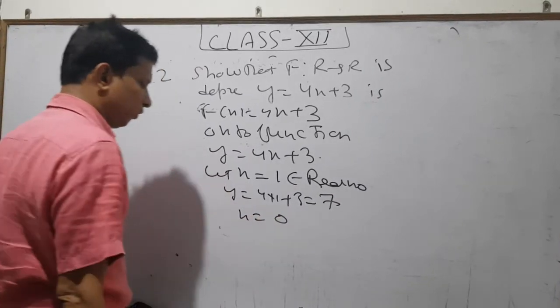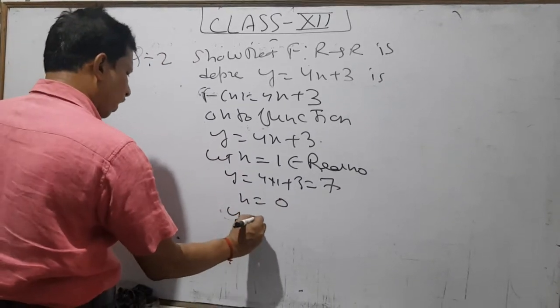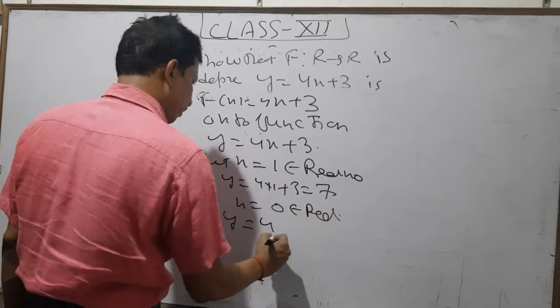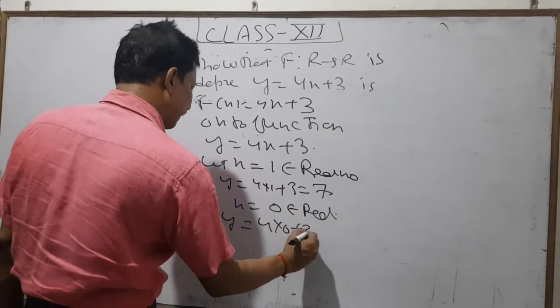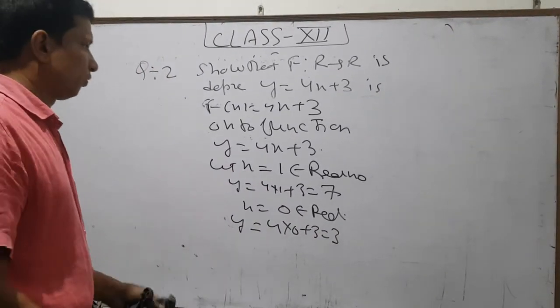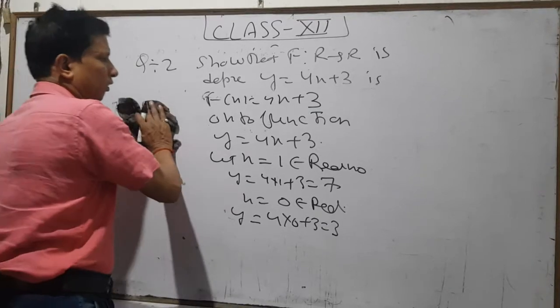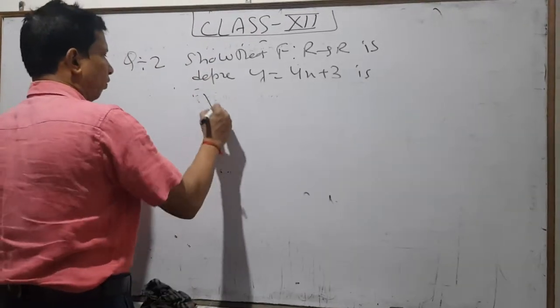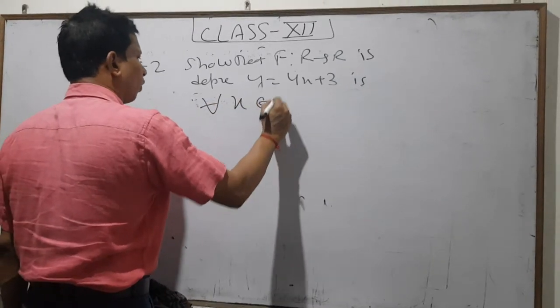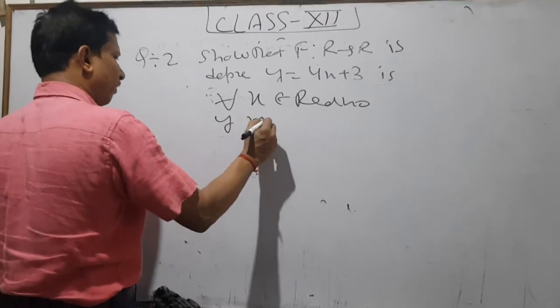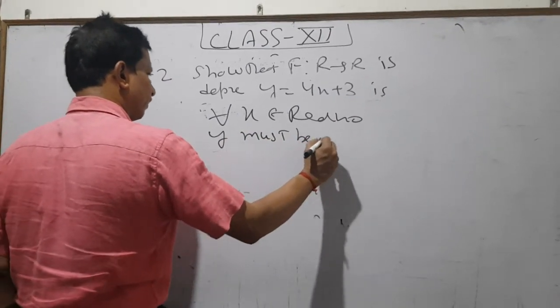If x is 0, y, which belongs to the real numbers, is 4 into 0 plus 3, which is 3. Note down this one. For every value of x belonging to the real numbers, y must be real.